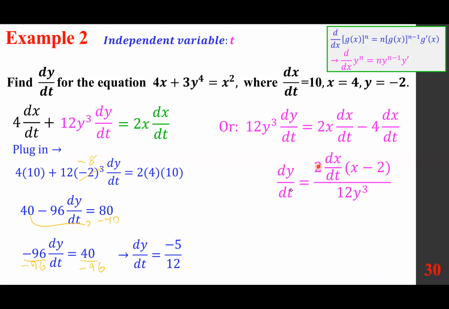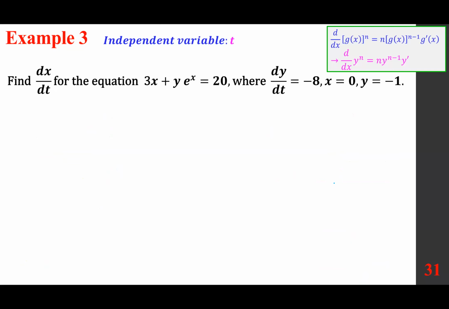So therefore, this 2 can go away to change the 12 to 6. Okay. So that's why I want you to see that, everybody. All right. I think that's pretty straightforward.